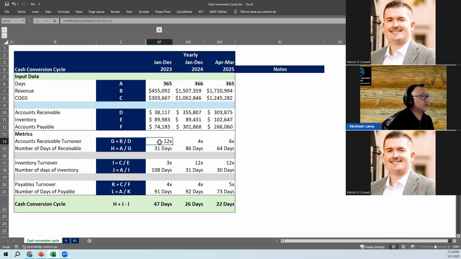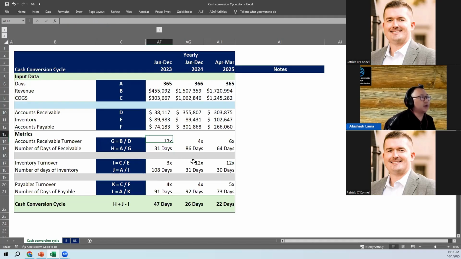The first step, we will start with the accounts receivable balance. First thing you do is divide the revenue by the balance reported as at December for accounts receivable. So this would be a multiple.